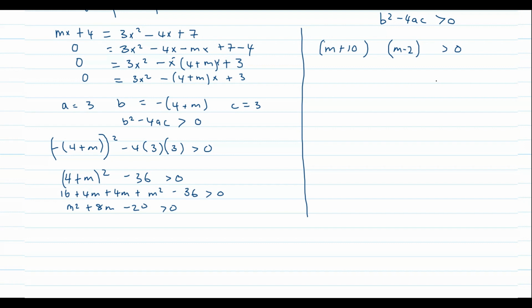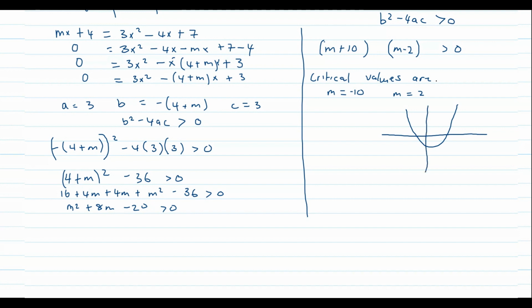Right. Now since we're working with an inequality, what we're actually finding are the critical values. The critical values in this case are m equals minus 10 and m equals 2. If I sketch these critical values on a curve, it will be something like this.